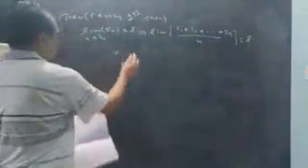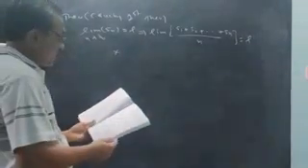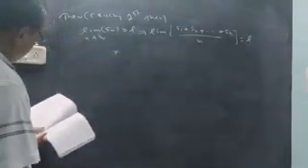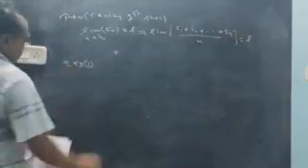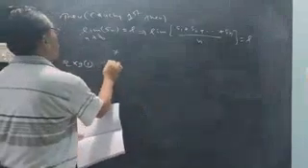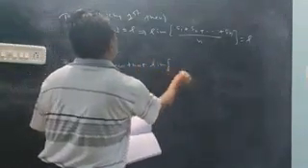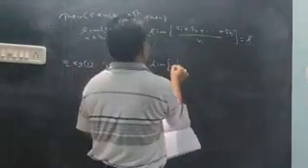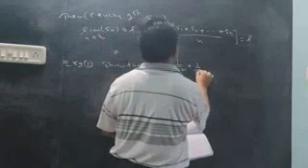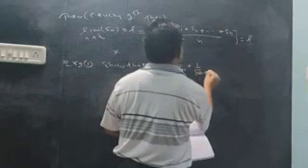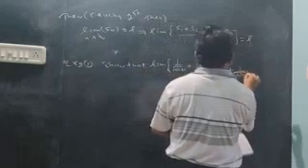We will not take the proof, as it is very big. Now we will take an example problem. Find the limit of the sum of these terms: 1 upon root of n square plus 1, 1 upon root of n square plus 2, and in this way up to 1 upon root of n square plus n.